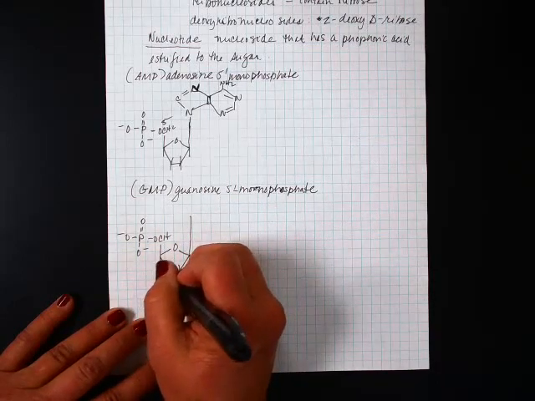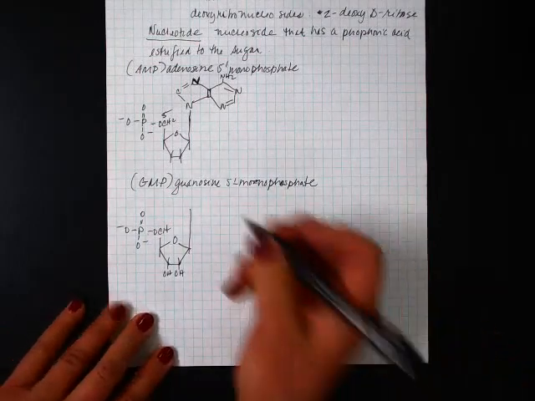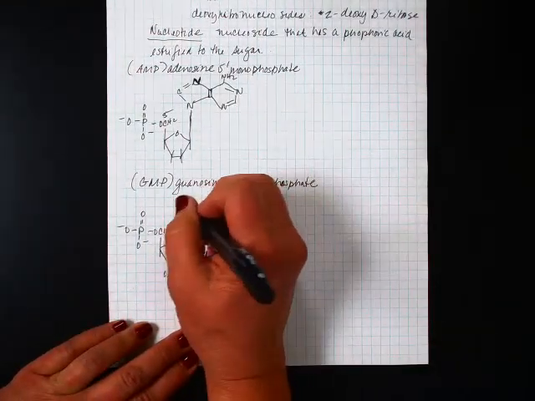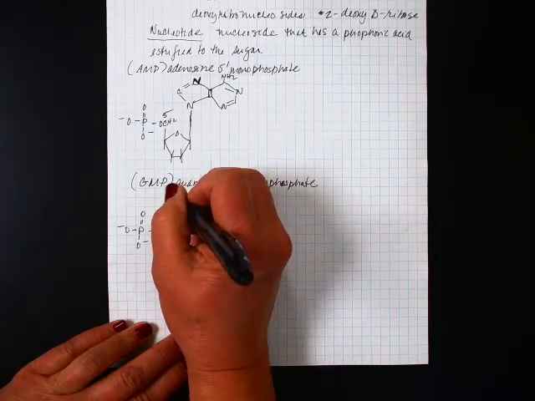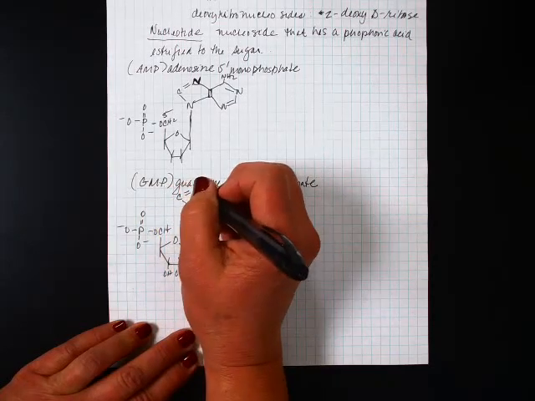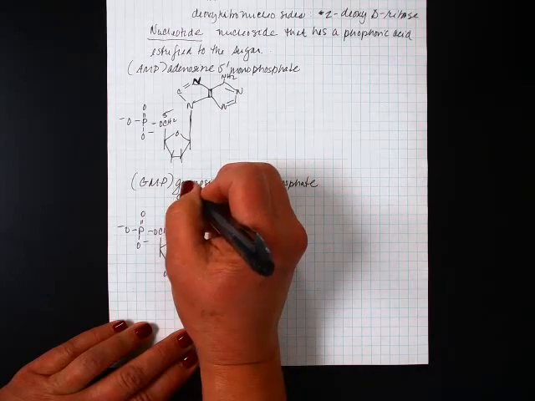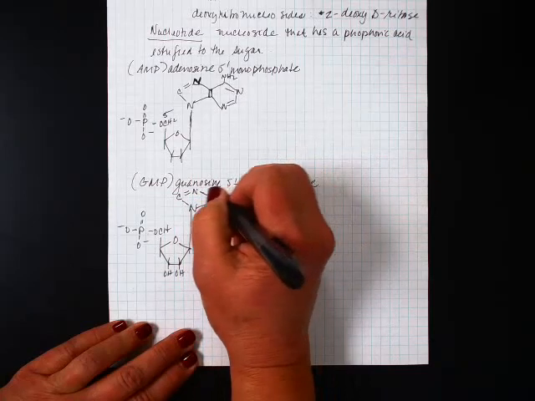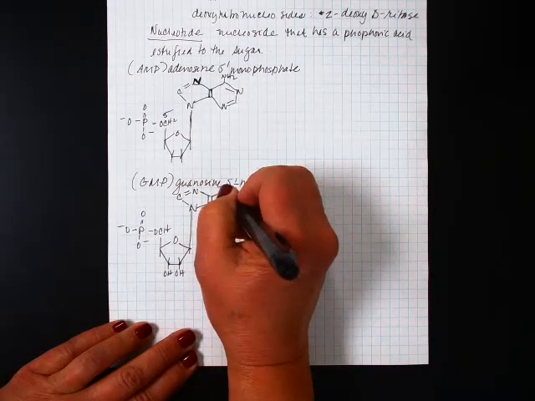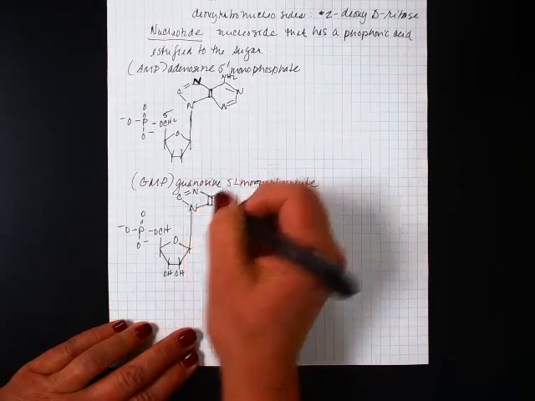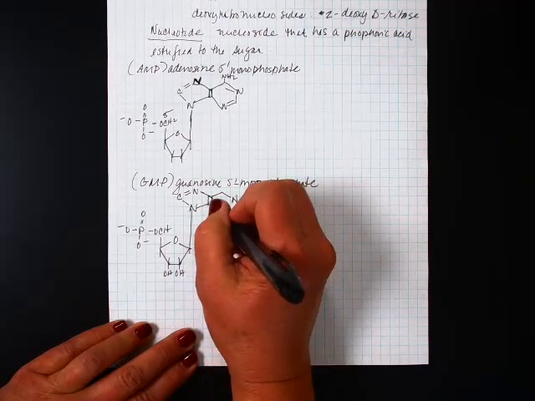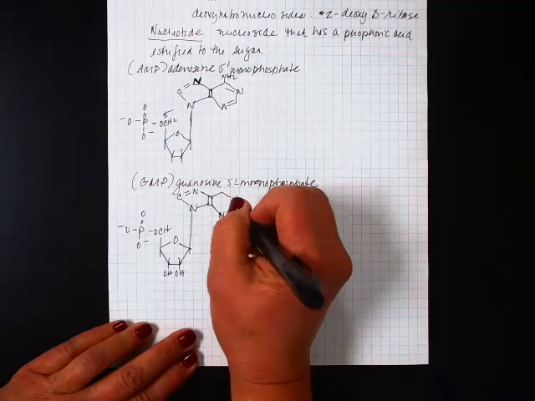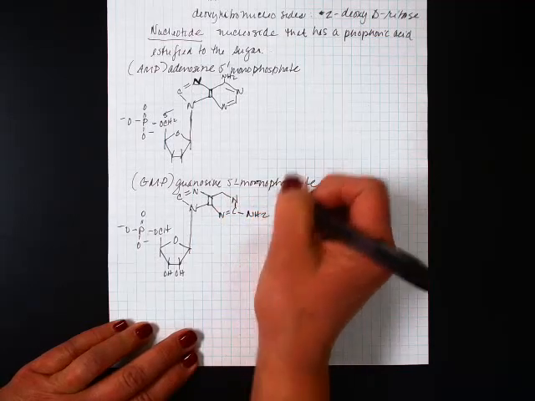And through that nitrogen. Double bond. And that is guanosine.